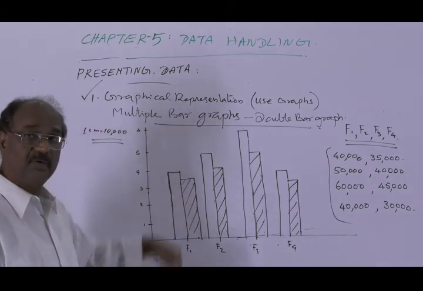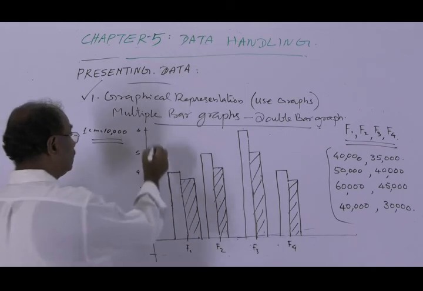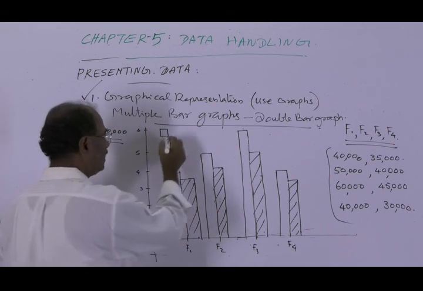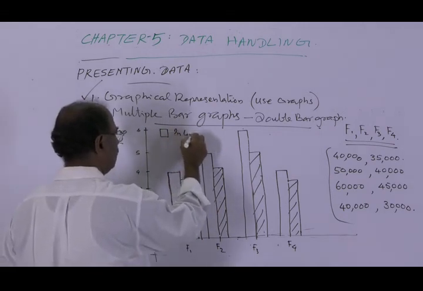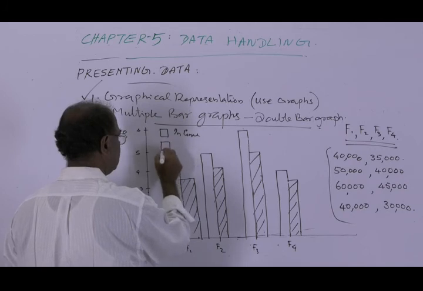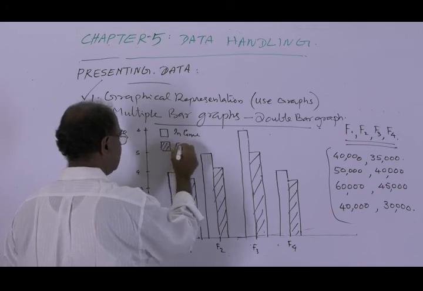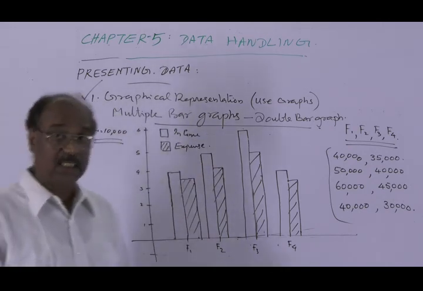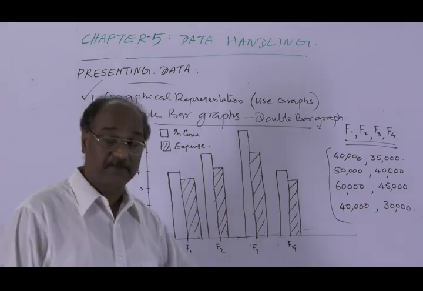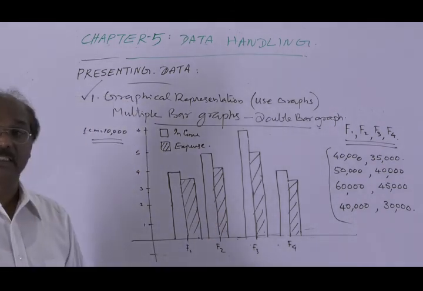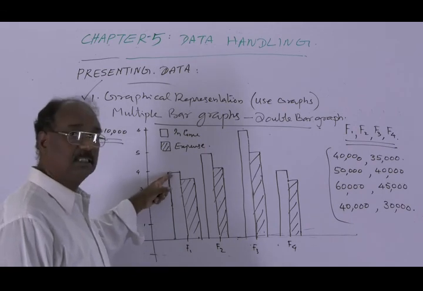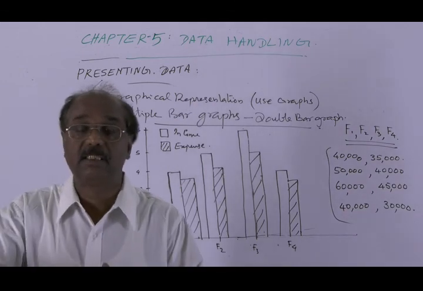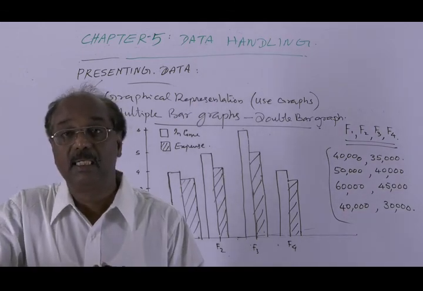This shading will be noted separately. So this is the unshaded part which is income, then shaded, expense. So this will indicate clearly the income and expenditure of these four families, how much amount they get in a year and how much amount they spend in the year.